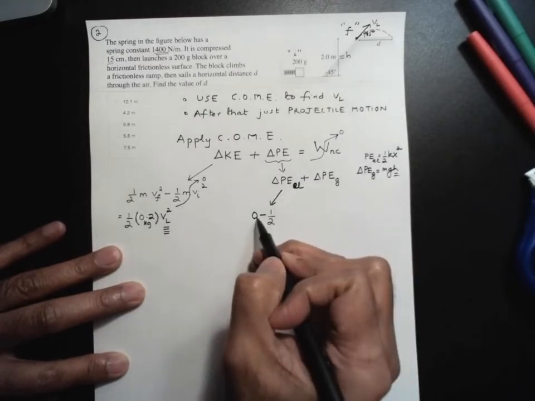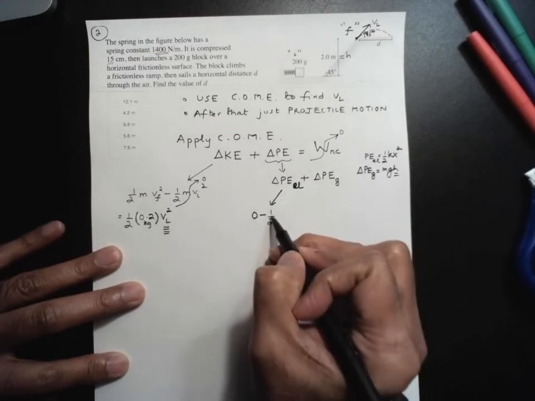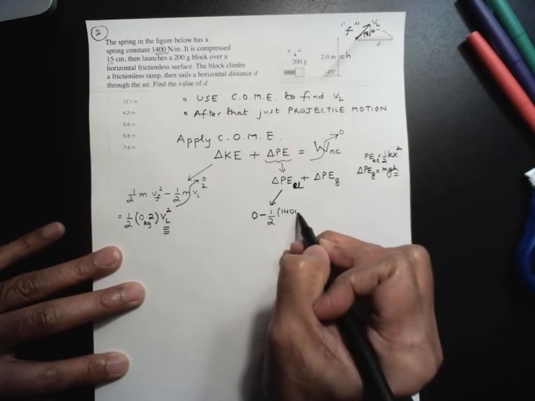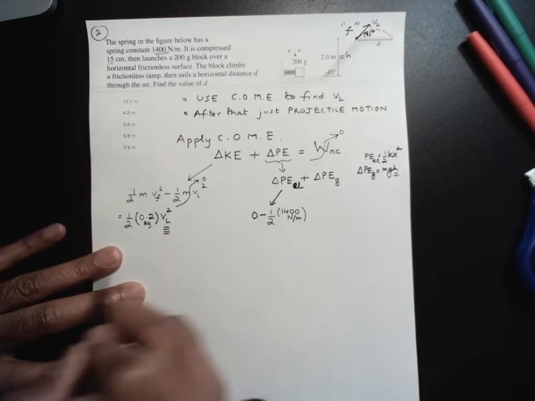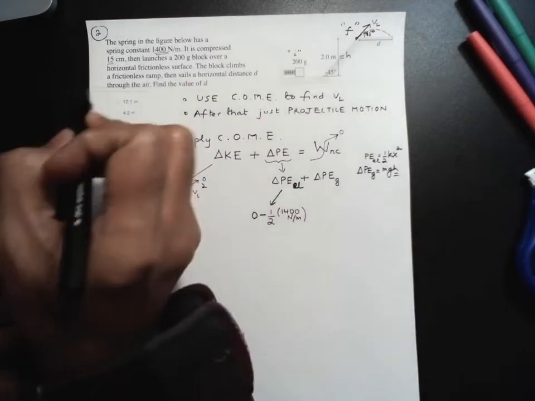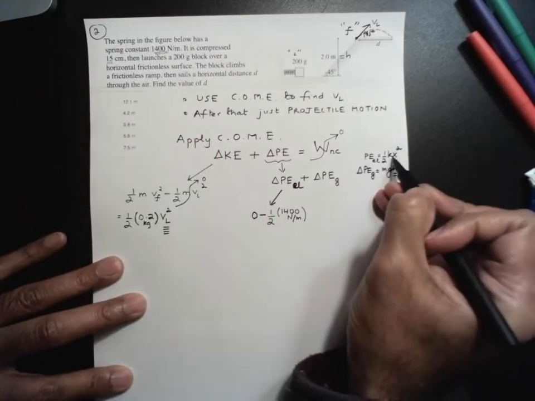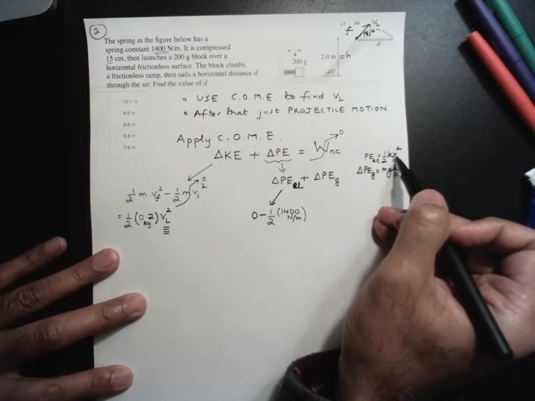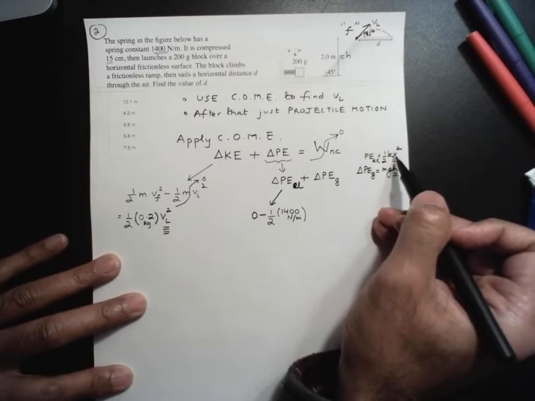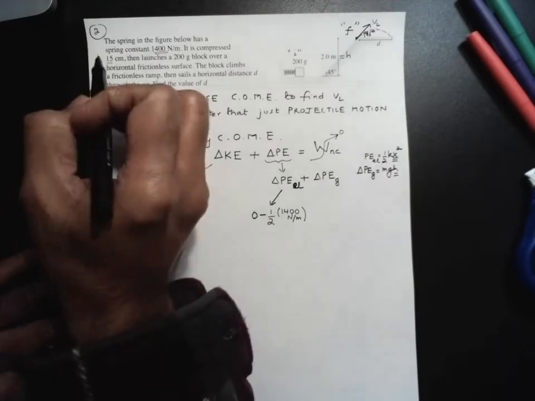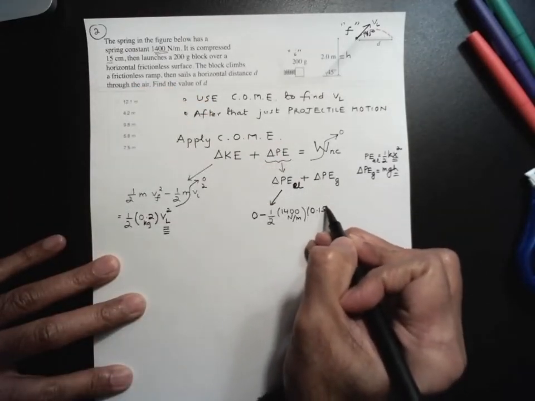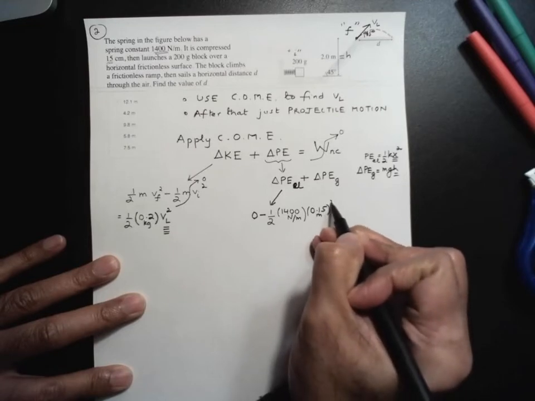For the elastic, you have the final minus the initial, so that's 1/2, and k is the force constant, 1400 newtons per meter, and then the compression, x squared. That's the amount the spring was compressed or extended. So it's not the length of the spring, it's the compression or the extension of the spring.